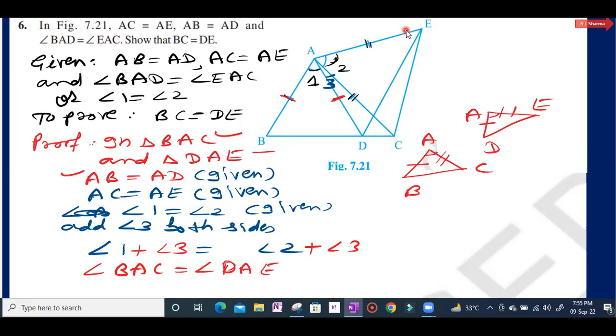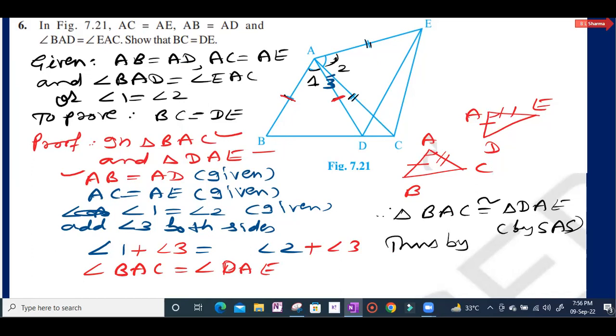Right? So therefore, triangle BAC is congruent to triangle DAE by SAS rule, and thus by CPCT we can write BC is equal to DE.